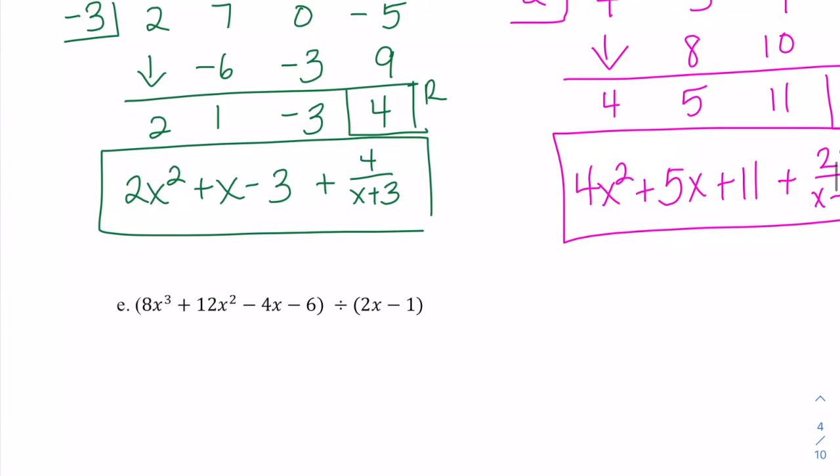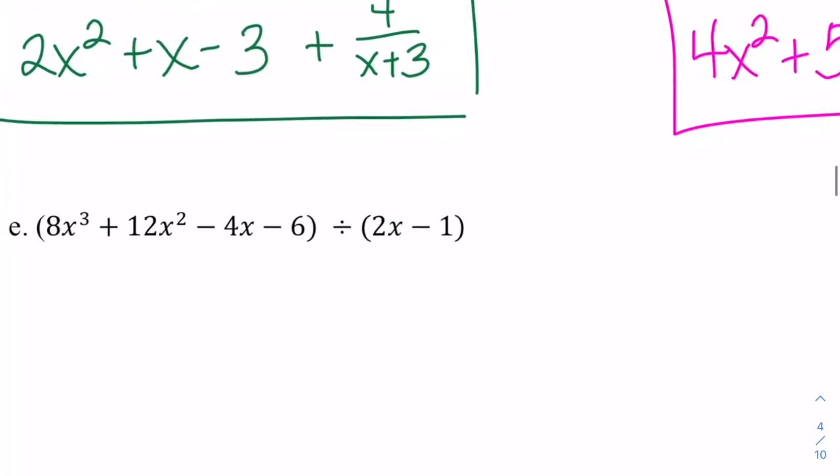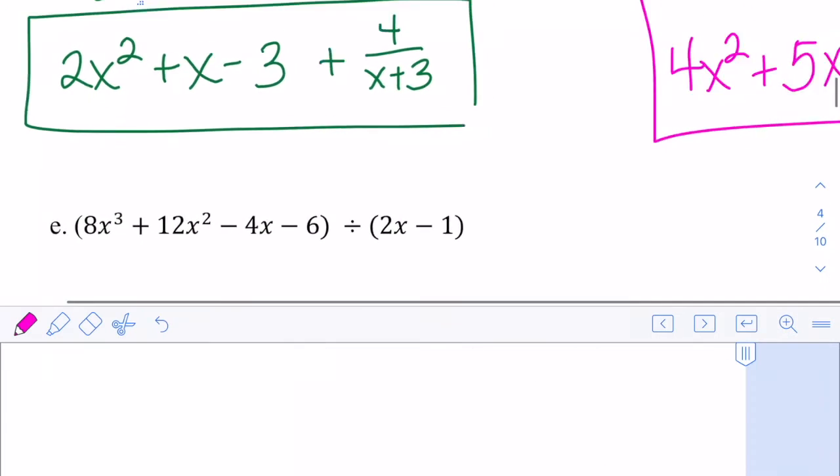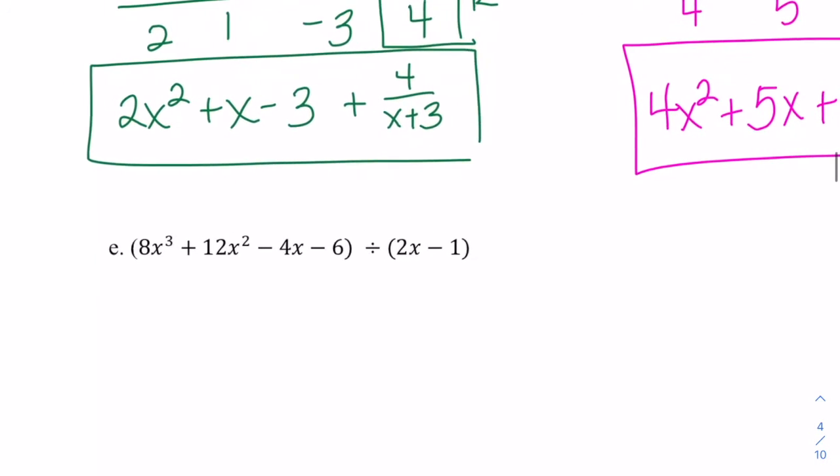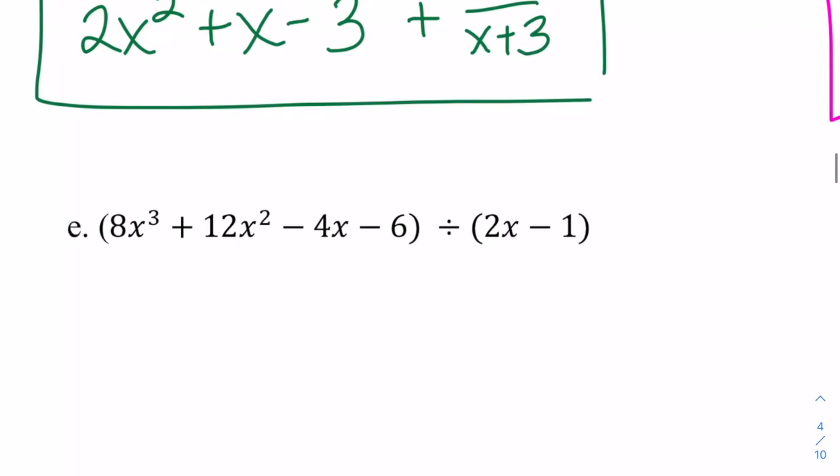Okay, now let's look at when the divisor has a coefficient that is not equal to 1. So you may see right here, you could probably figure out pretty quickly that our 0 is going to be 1/2. But we need to make sure that we actually make this 1/2.